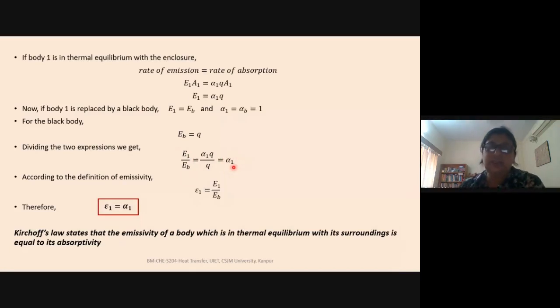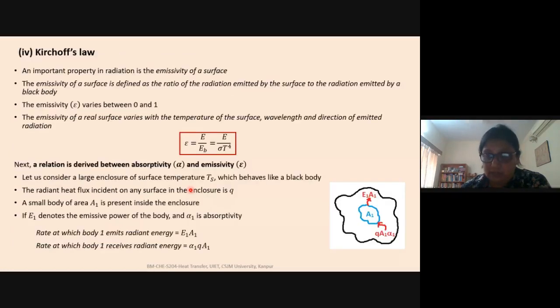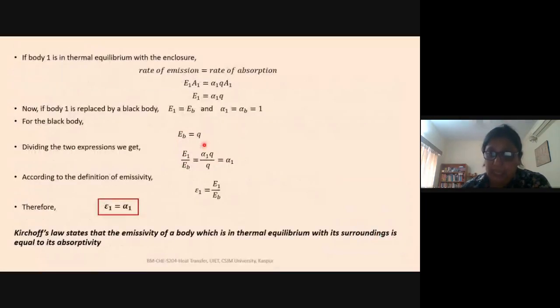According to the definition of emissivity, if you remember, we had seen this definition of emissivity. Where did we see this? Let's see here. What was the definition of emissivity? It is the radiation emitted by any body divided by the radiation emitted by the black body. Now, if I go through here, you will see that it is the same thing we are writing out here: the emission by body 1 by the emission given out by the black body.